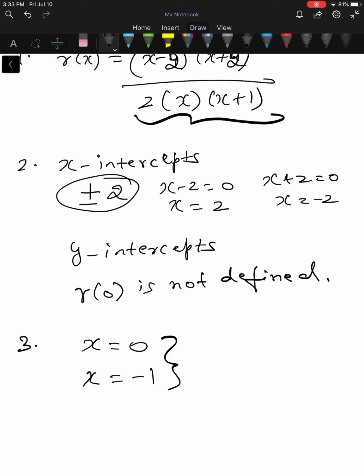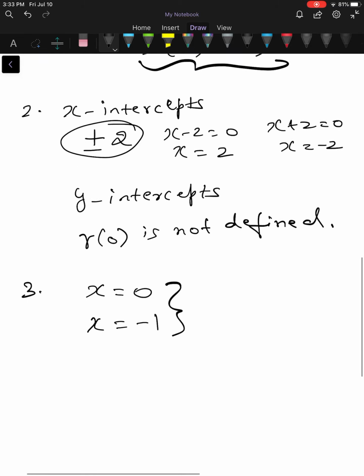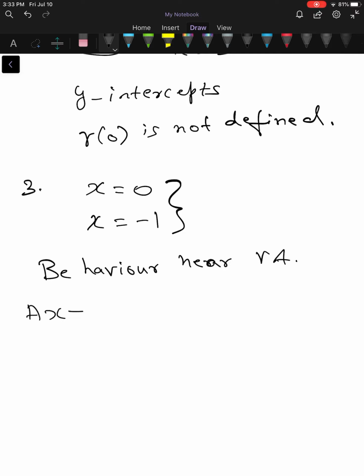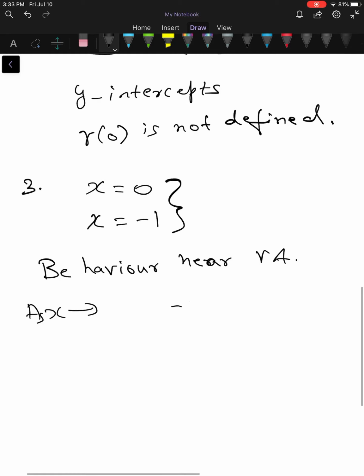We have to do that by taking test values. So we shall do that by a table. Behavior near vertical asymptotes. So what is the behavior as x tends towards negative 1 minus, negative 1 plus, 0 minus and 0 plus?